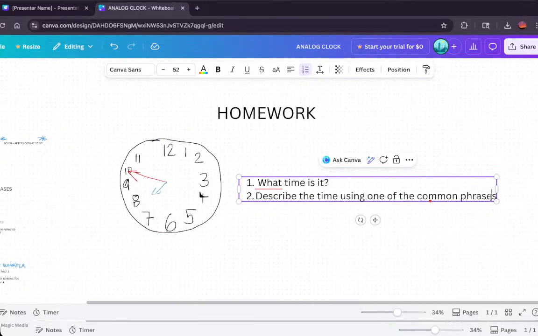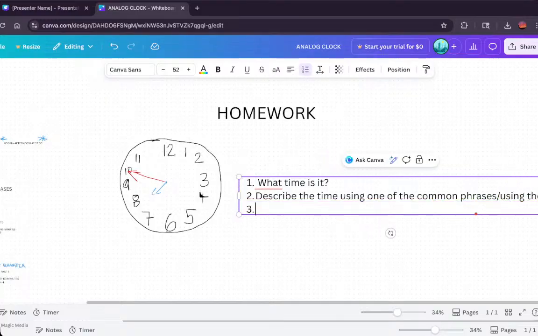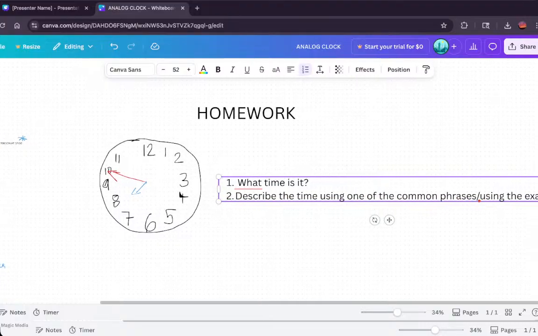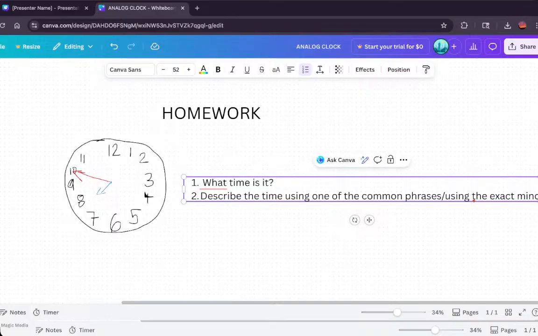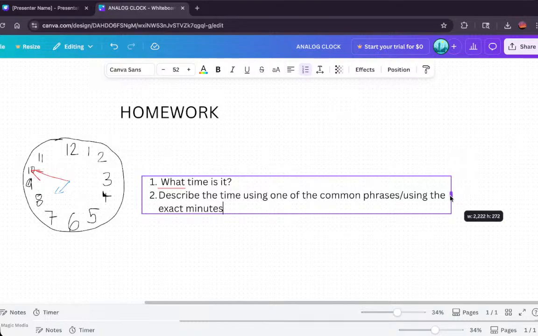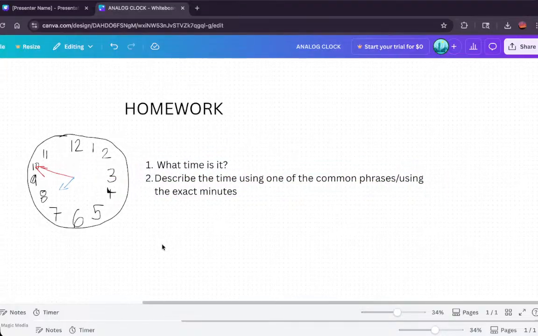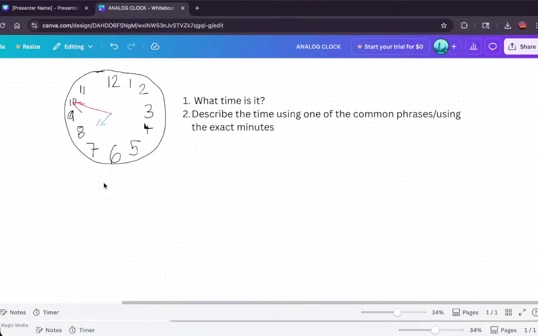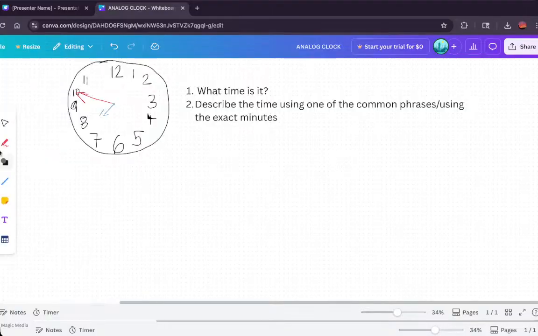Using common phrases or using the exact minutes. And that's all you need to do for each of these questions, okay? What time is it? And describe the time using one of the common phrases or the exact minutes.